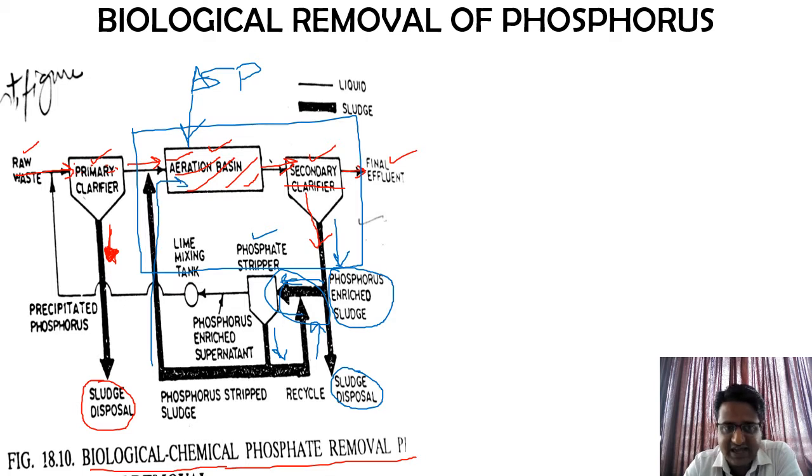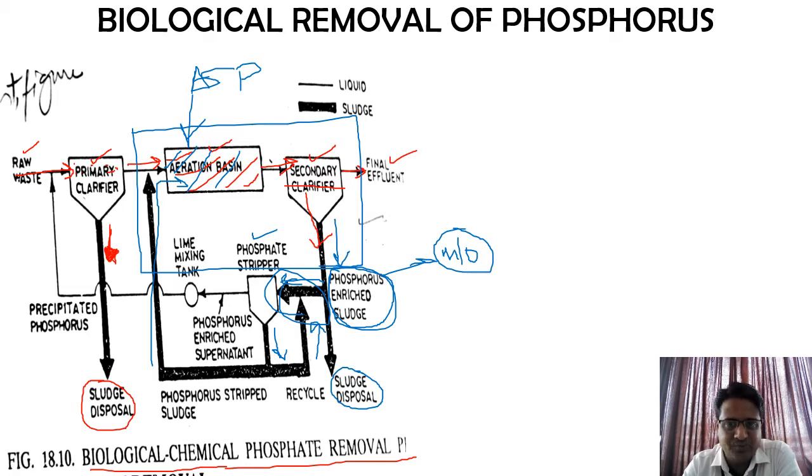Why this is being done, we'll explain now. The phosphorus enriched sludge also has the activated microorganisms. Why am I calling them activated? Because the aeration process has been done, so all the microorganisms are in an active state, as they have come from an oxygen saturated zone.